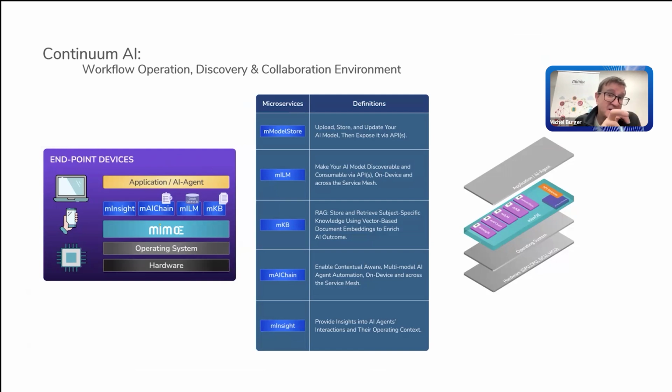MAI chain is a command center for AI collaboration. It coordinates AI models across devices and service mesh. And finally, MInsight is an AI observability offering deep insight into AI agent behavior, microservice interaction, and real-time performance analysis.